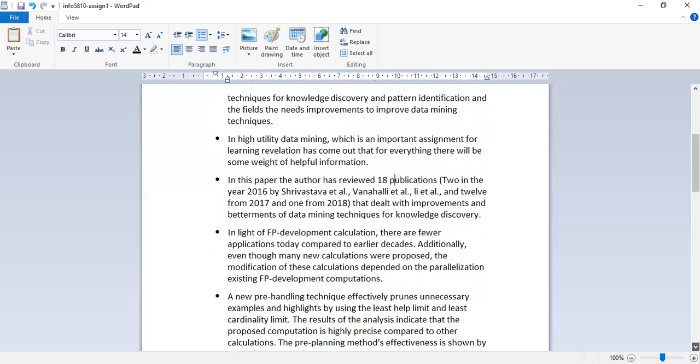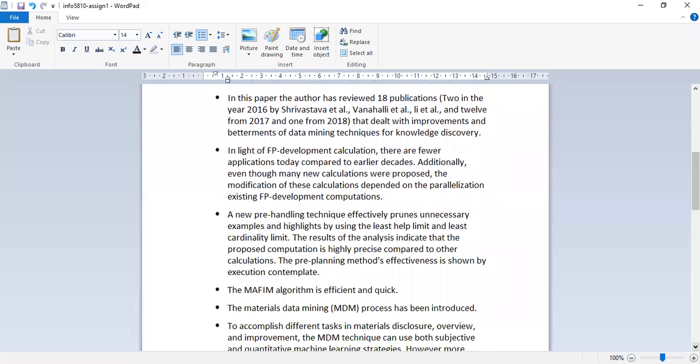And a new pre-processing technique effectively prunes unnecessary examples and features by using the least support and least cardinality limit. The results of the analysis indicate that the proposed computation is highly precise compared to other algorithms. The pre-processing method's effectiveness is shown by experimental study.